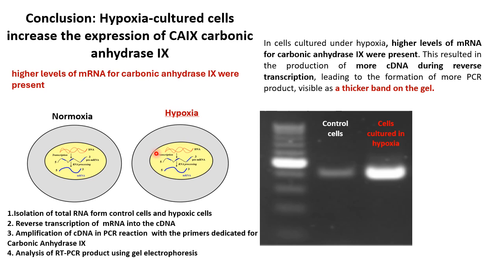So to answer this question, of course, the RT-PCR procedure is performed. Initially, the RNA is isolated from control cells and cells cultured in the oxygen-deprived environment. RNA is converted into the cDNA, total mRNA is converted into the cDNA, and later on the cDNA is amplified with the primers specific for carbonic anhydrase 9, so specific for cDNA of carbonic anhydrase 9.